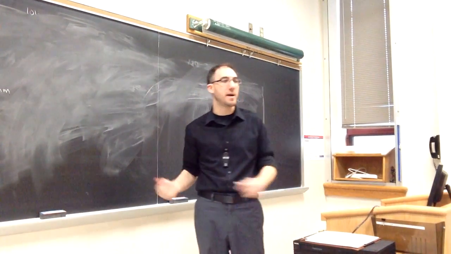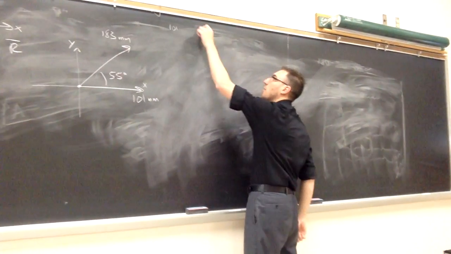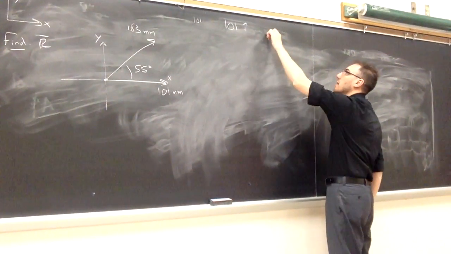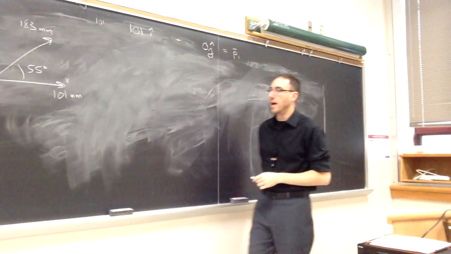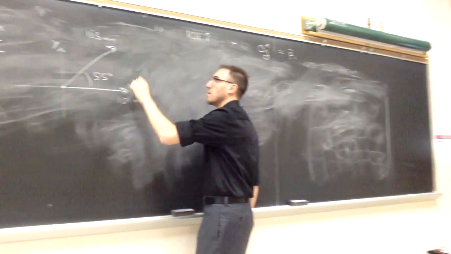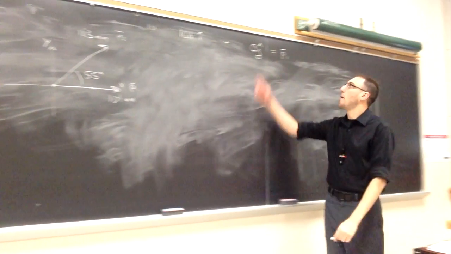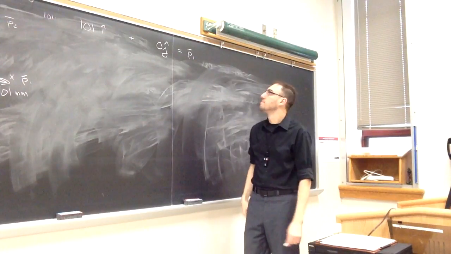It's parallel to my x direction, so 100% of it lies along x. So in component form, I can write this as 101i plus 0j. I'll call these vectors P1 and P2. So this is how I can write vector P1, 101i plus 0j.